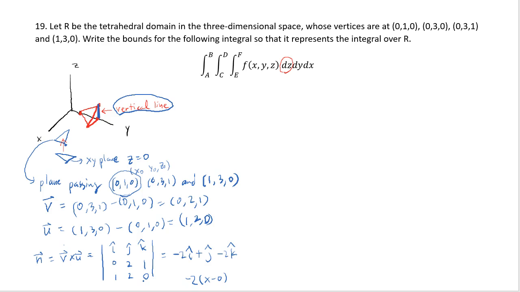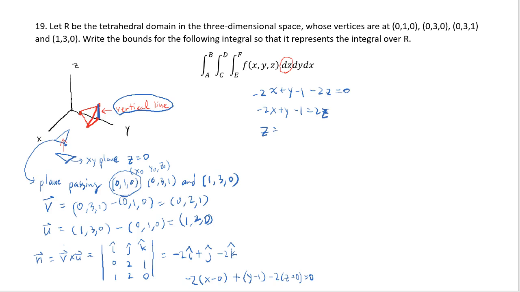So you have negative 2x plus y minus 1 minus 2z minus 0 equals 0. That means the top equation is negative 2x plus y minus 1 minus 2z equals 0. Solving for z, you get negative 2x plus y minus 1 equals 2z.